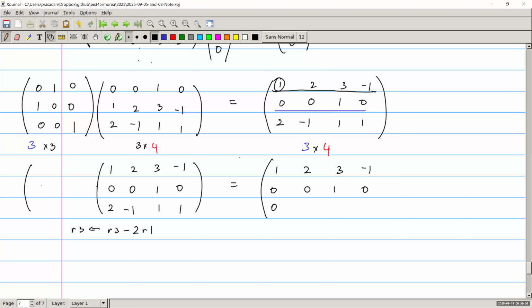And what matrix multiplication will let you do that? The first row as a linear combination of these rows is this row, 1, 2, 3, minus 1. Tell me as a linear combination of these three rows.